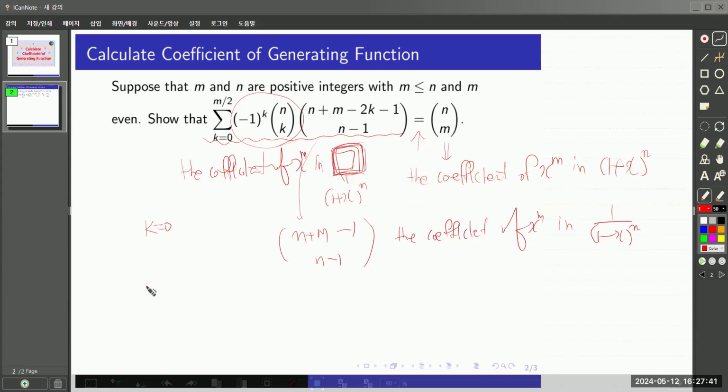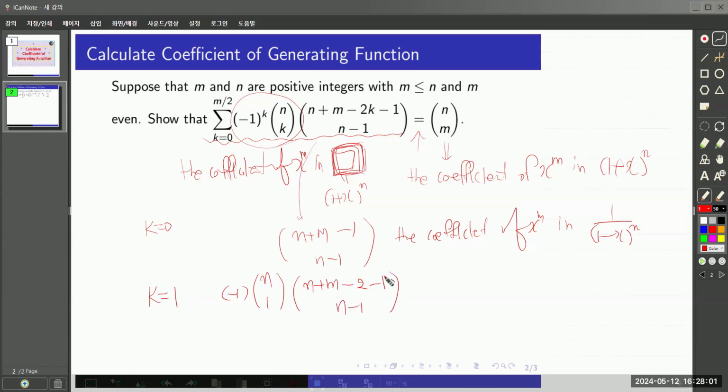When k is equal to 1, you have minus 1 to the 1, that's n to the 1. And the second one is m plus m minus 2 minus 1 and m minus 1.